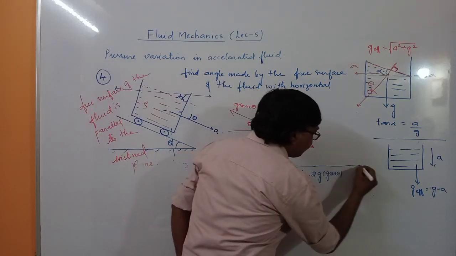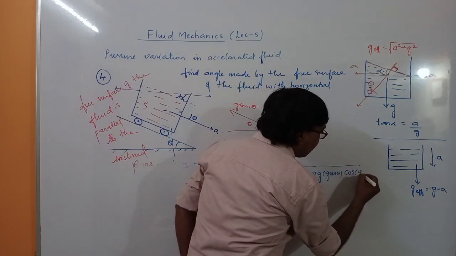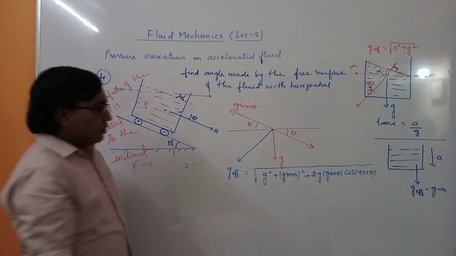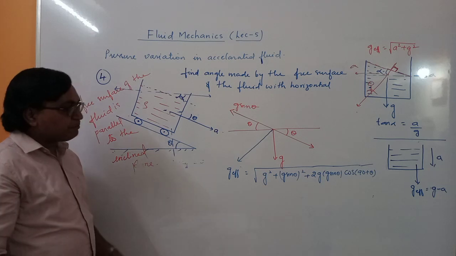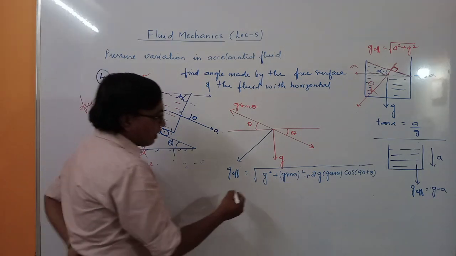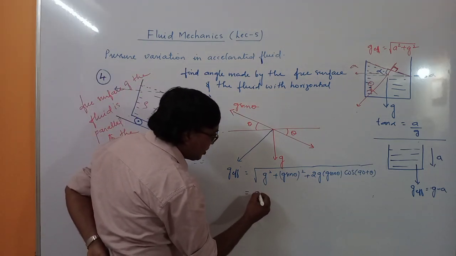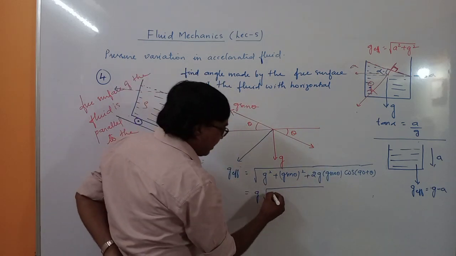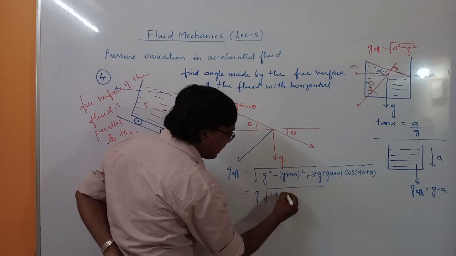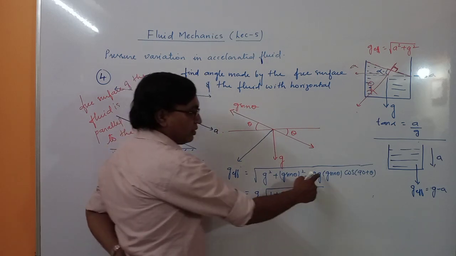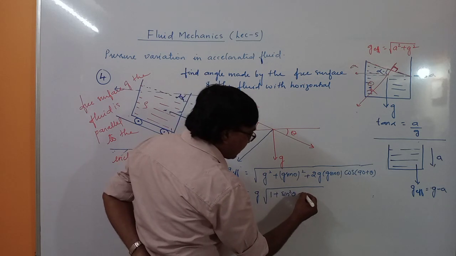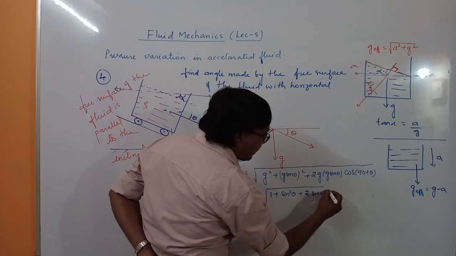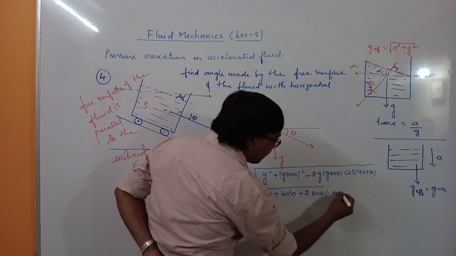So if you simplify, we have g here, root of 1 plus sine square theta, and then plus 2 sine theta cos of 90 plus theta, which is minus sine theta.